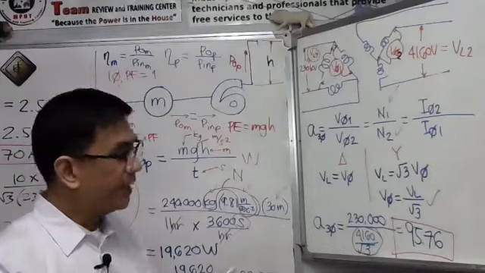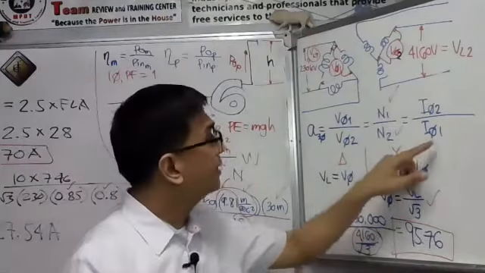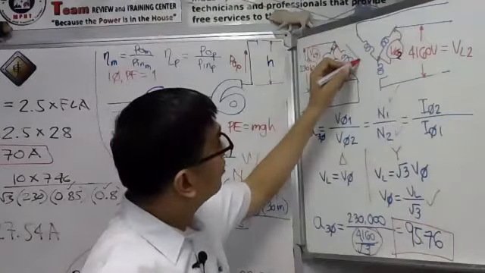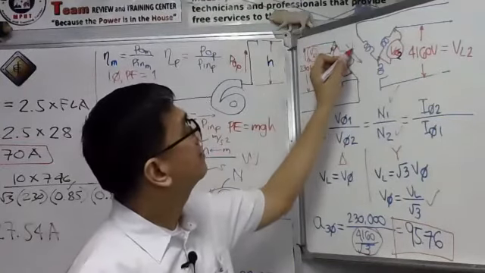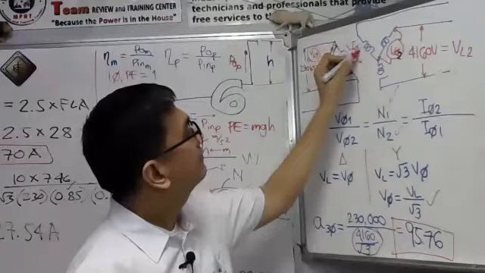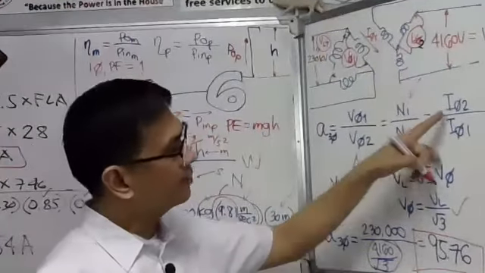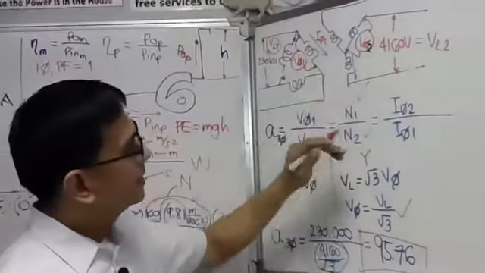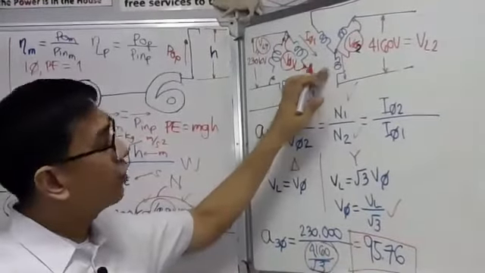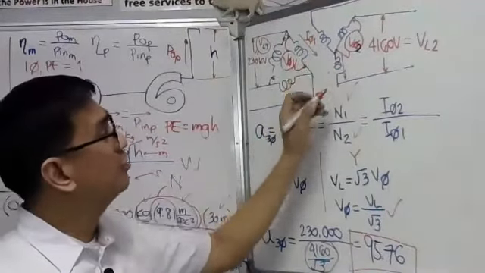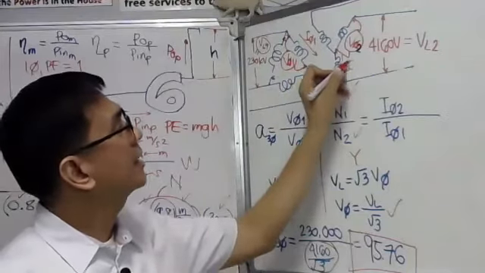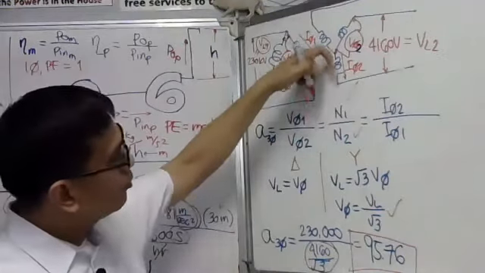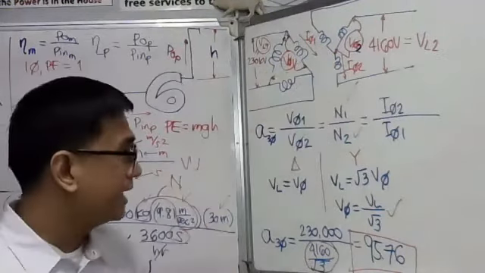The phase current on the primary side is the current in the coil here. What about the phase current on the secondary? This one, the current flowing in the coil. That is our I phase secondary.